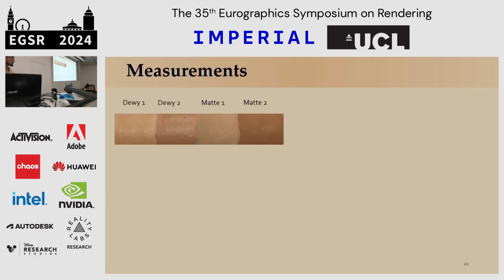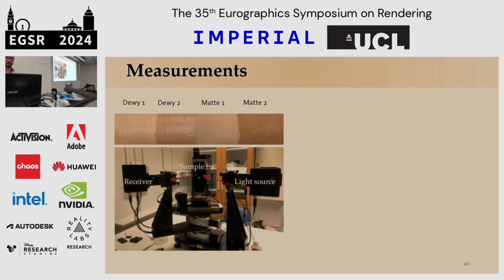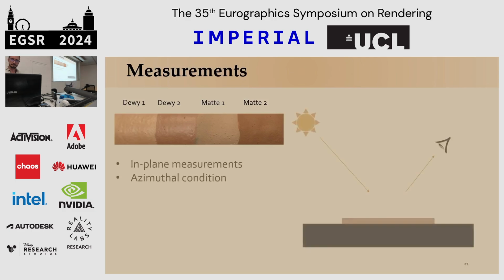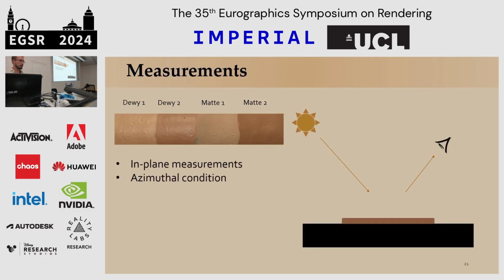So those are our working hypotheses and our model, and now I'll discuss the measurements. We buy 4 samples and we measure them. The first two on the left are two dewy foundation layers, and on the right, 2 matte ones. In this image here, we are applying cosmetics on a cylinder, but in reality, we measure them in planar conditions, and we only measure the azimuthal condition.